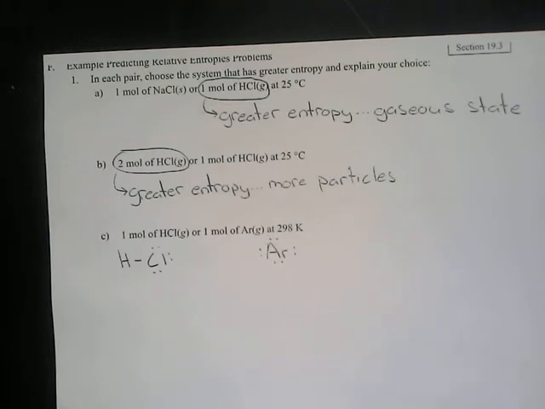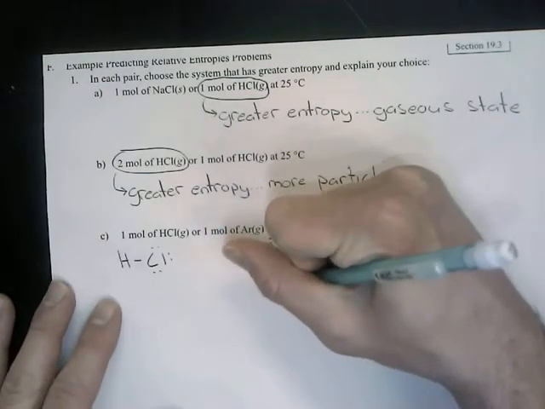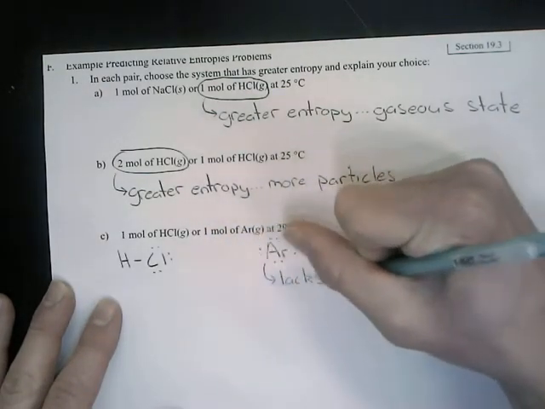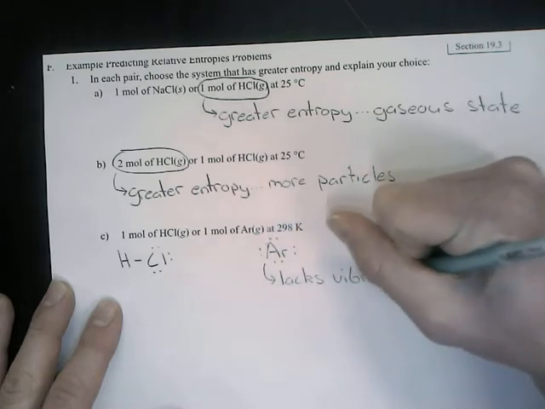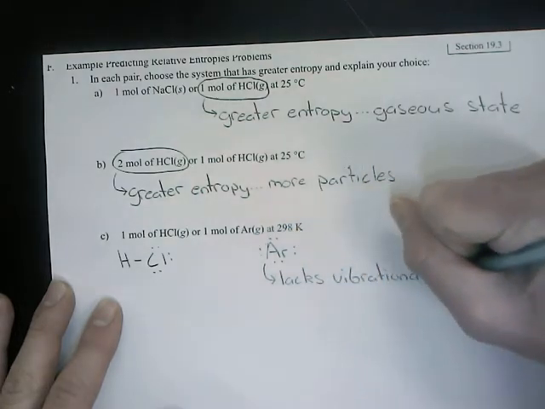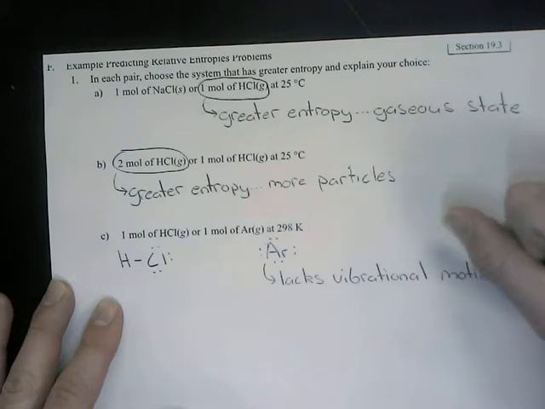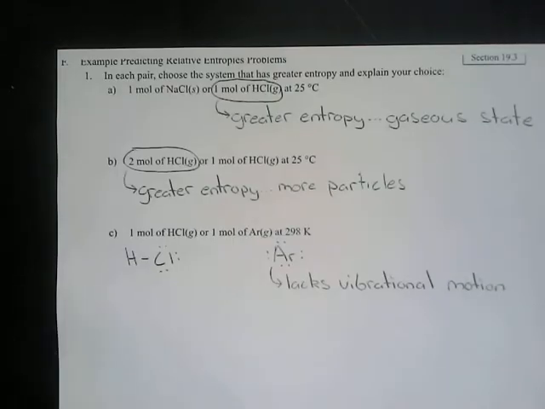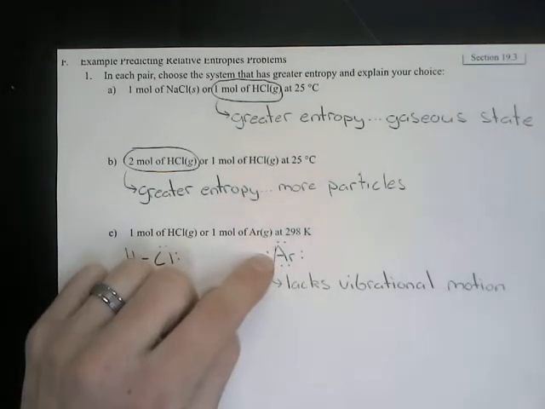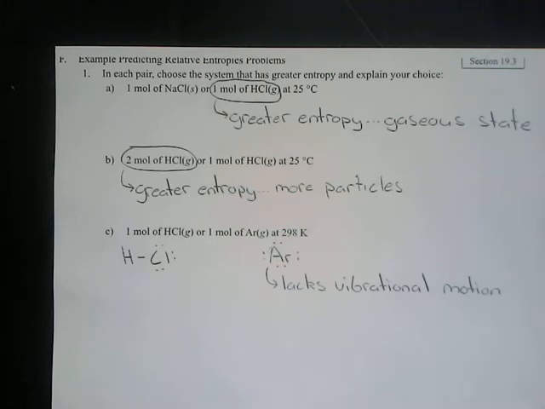Now, if you want to know the specifics on that, argon does not have the vibrational motion, because the definition of vibrational motion is the shortening and lengthening of bonds, and this includes bond angles. Well, there are no bonds in the noble gas argon. It is by itself.